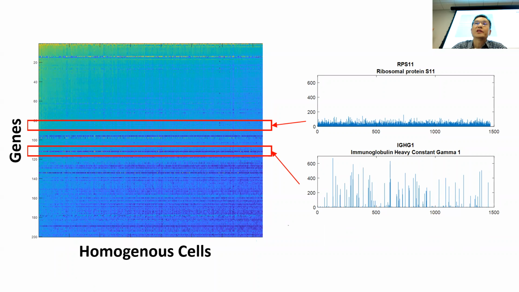But the averages of these two genes are almost the same, because one is ranked here and the other is ranked a couple of genes down. Remember, we have several thousand genes. This is just the top 200 on the picture.